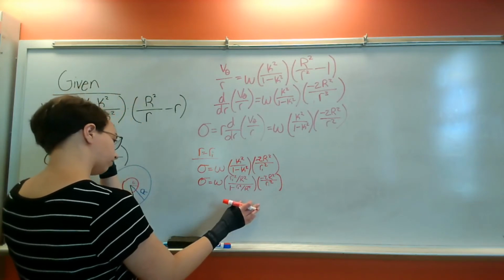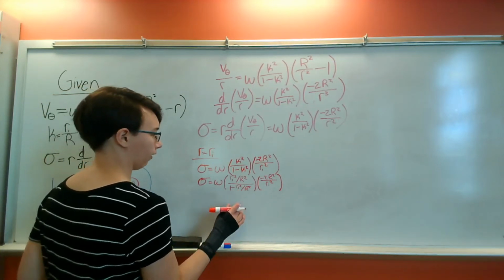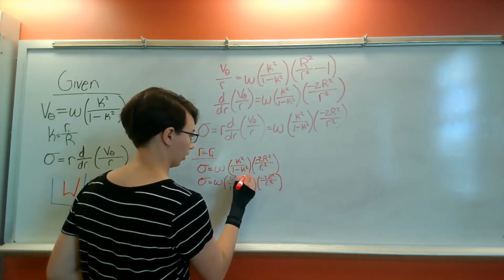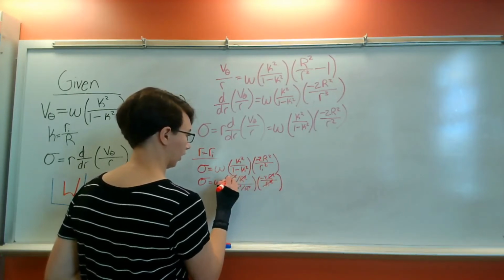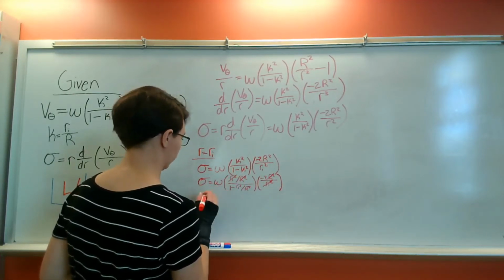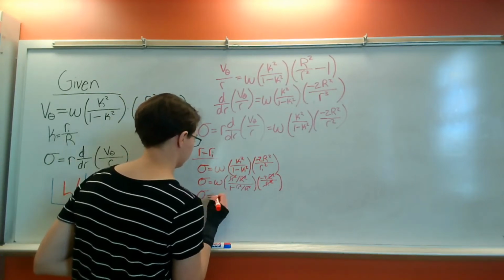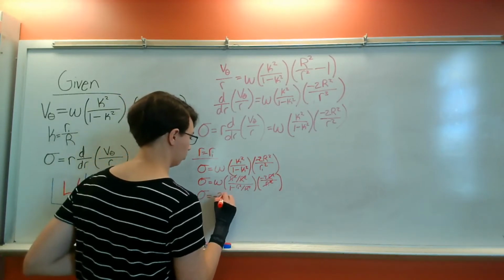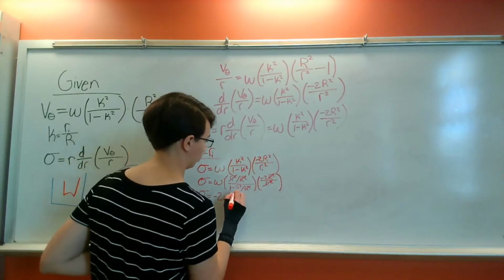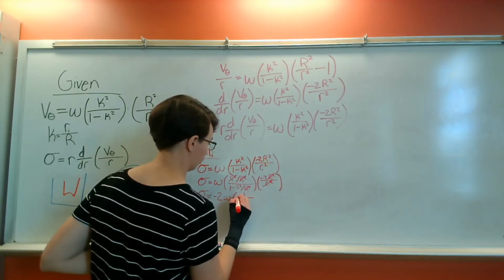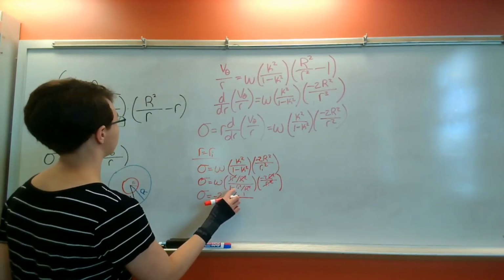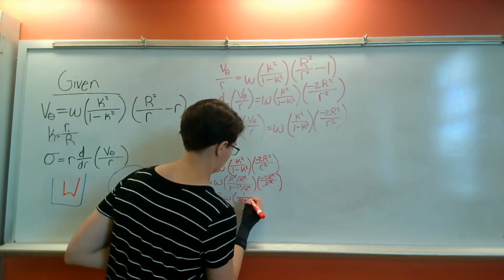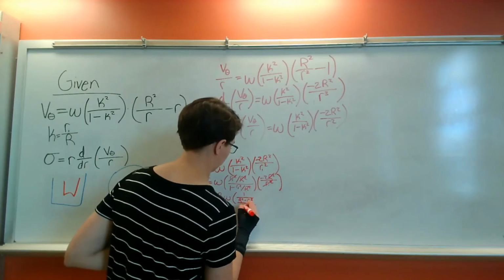And then we have some cancellations. So that cancels with that, that cancels with that, and we're left with shear rate is equal to negative 2 omega times 1 over, and then for this I'm going to find the common denominator like I did before, so that's outer radius squared minus inner radius squared over the outer radius squared.